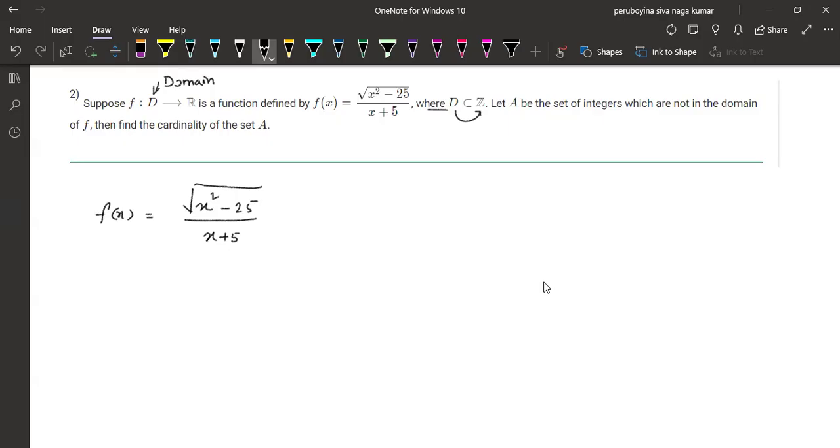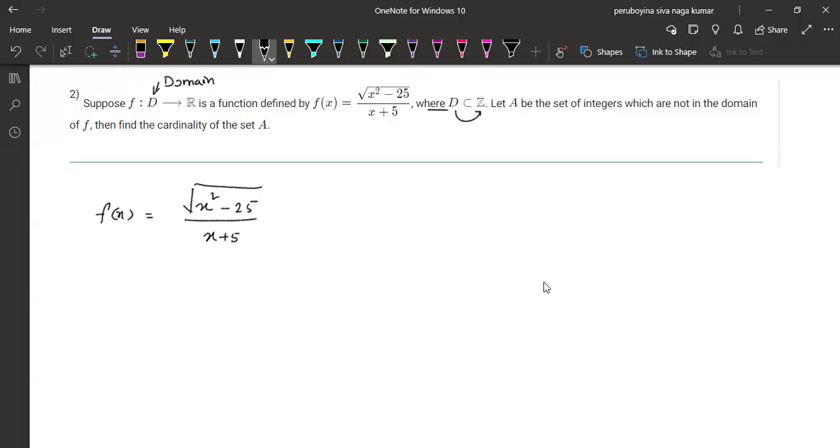Let capital A be the set of integers which are not in the domain of f. So actually D is a subset of Z, and D contains integers, negative, positive, everything. And A is the set of integers which are not in the domain.